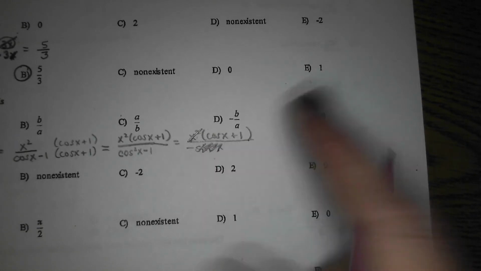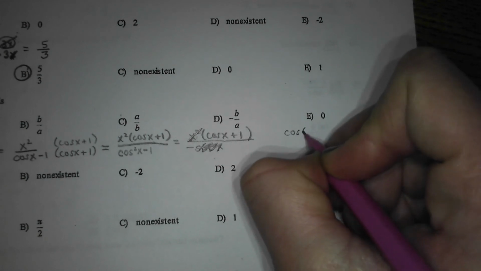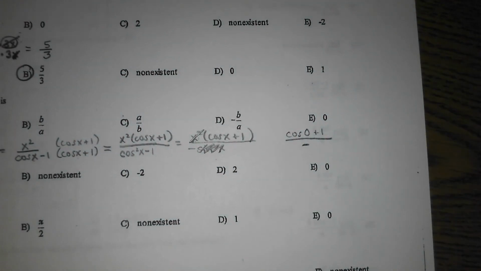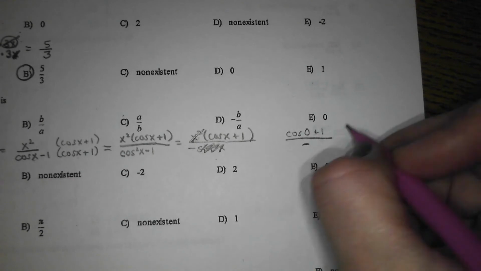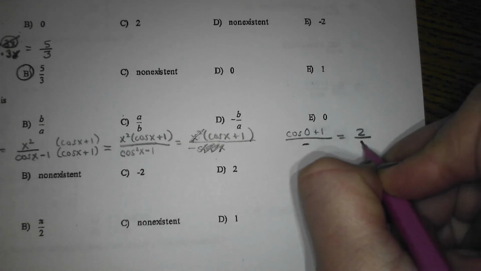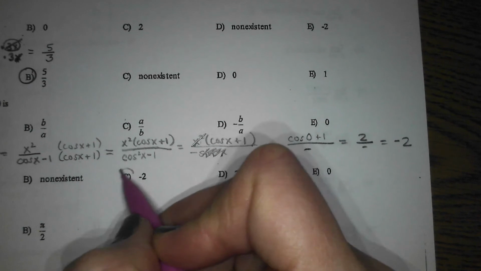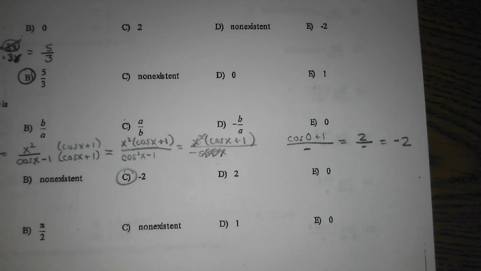The cosine of 0 plus 1 over a negative sine is 1 plus 1, or 2, over a negative sine, which is negative 2. Tricky, but an option. Your Pythagorean identities, your double angle stuff, still options.